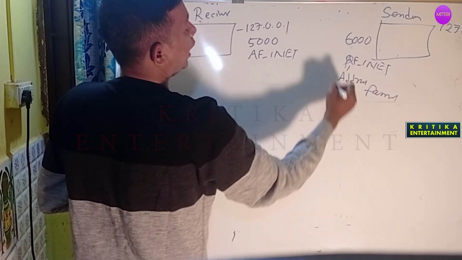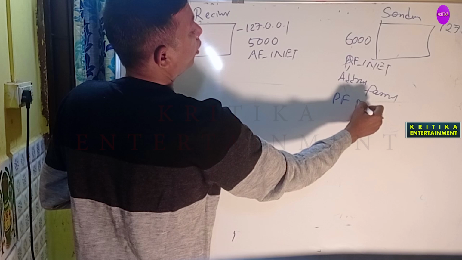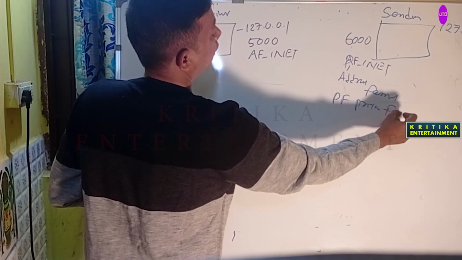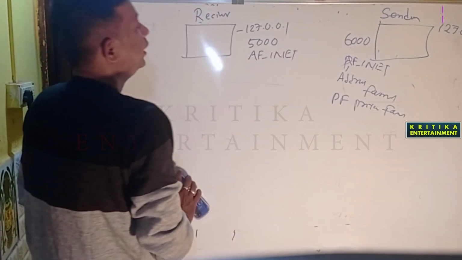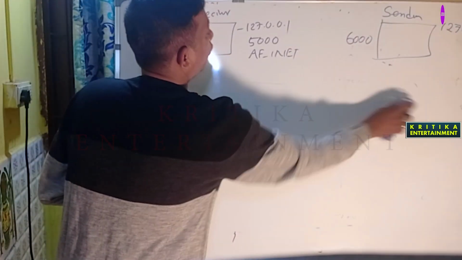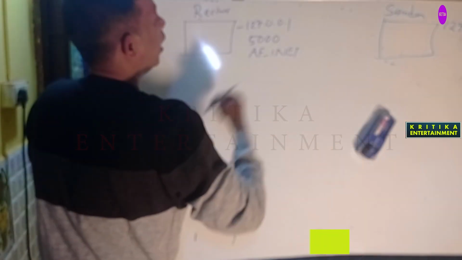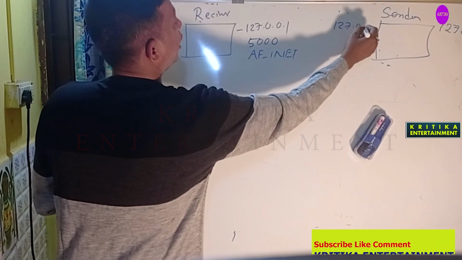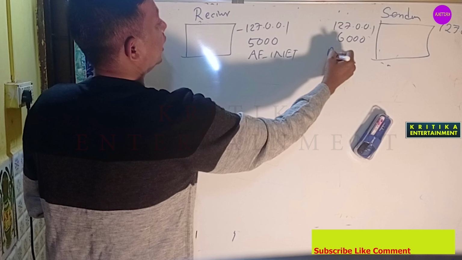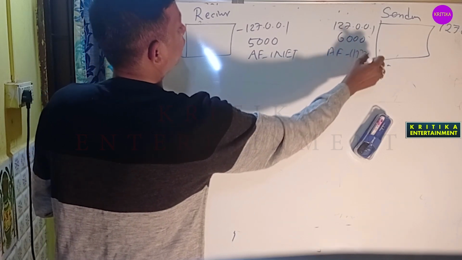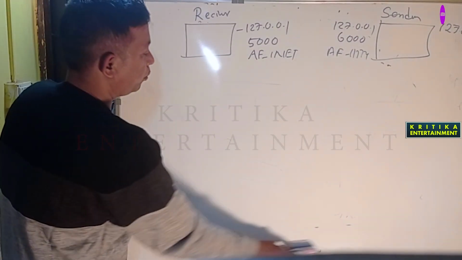PF also can be used, where PF stands for protocol family. So remember, this is a receiver and this is a sender. The sender uses IP address 127.0.0.1, port 6000, and AF_INET. Now I will run this program.